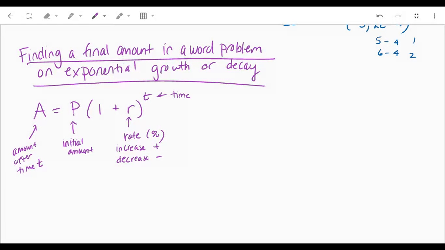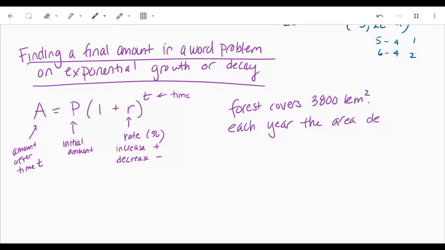Okay. So in this example, it says a certain forest covers 3,800 square kilometers. Okay, and then it says each year the area decreases by 5.25%.